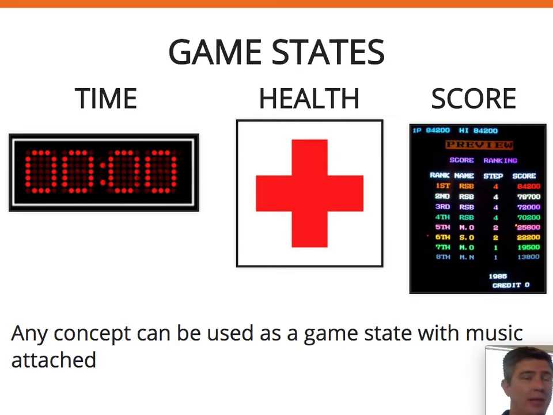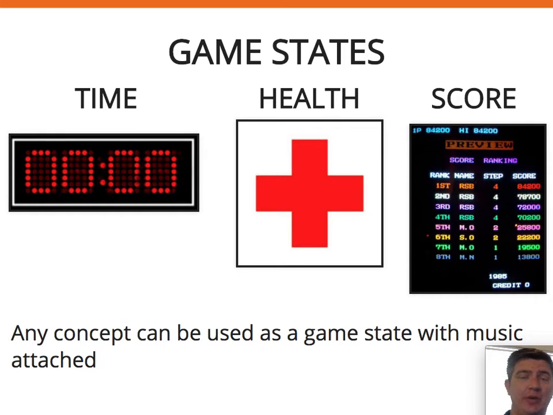Time. How much time do you have left? Super Mario Brothers, classic example of this. As time started running out, the music went to double time. It sped up and says, "Okay, you better hurry up, or time's going to run out." And so we can drive the change, or we can trigger the change based off of how much time is left. Health. Do you have low health?